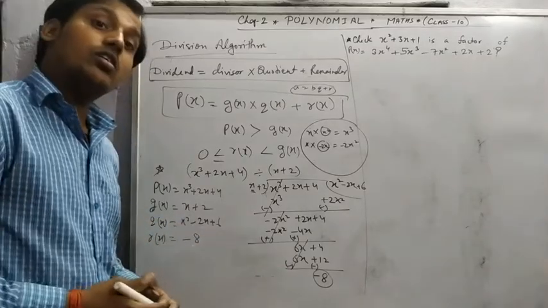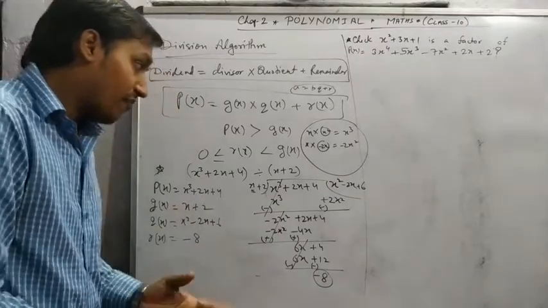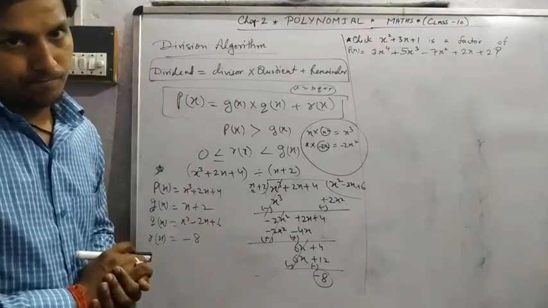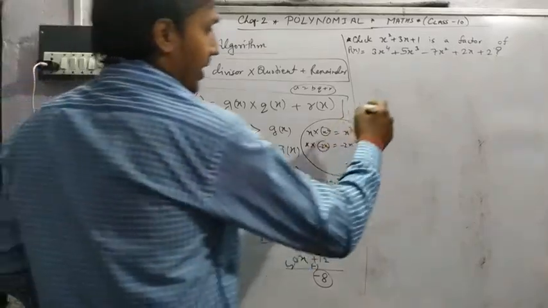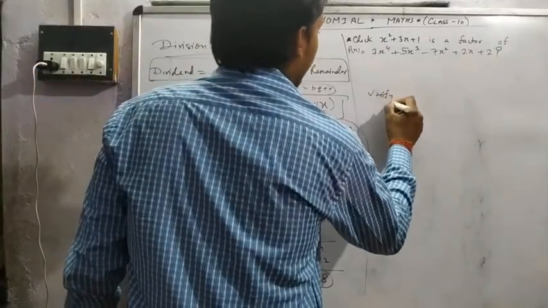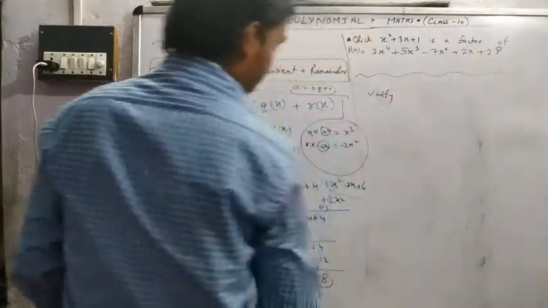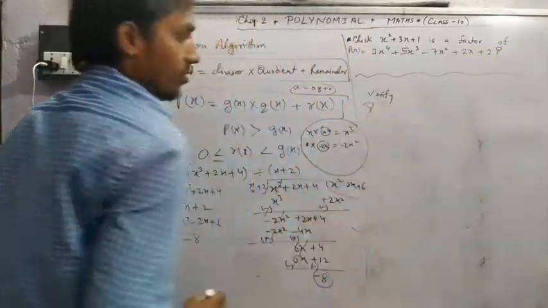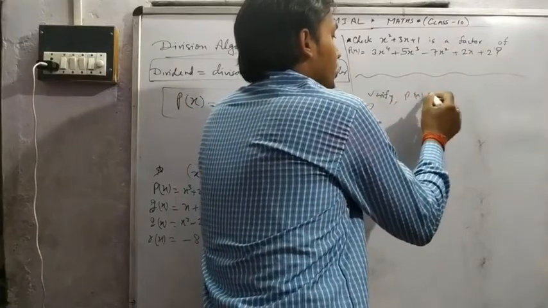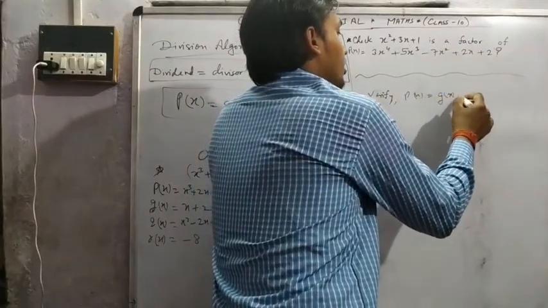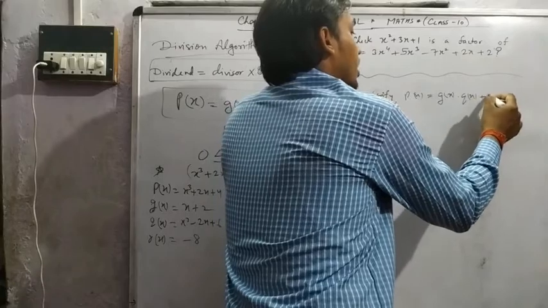The question also wants us to verify that. Verify your result. So how do you verify it? For verification, first we write the formula: P of x equals G of x into Q of x plus R of x.